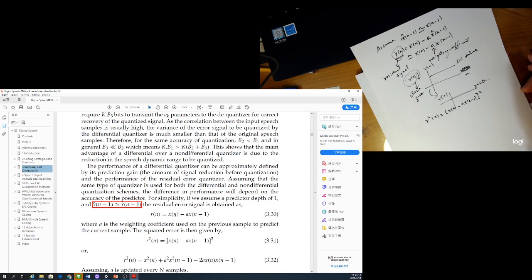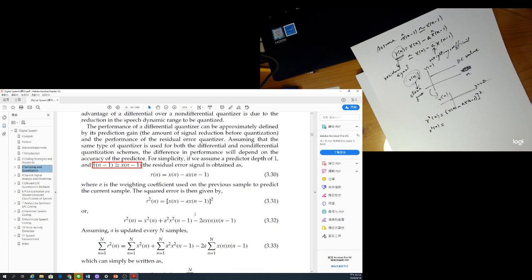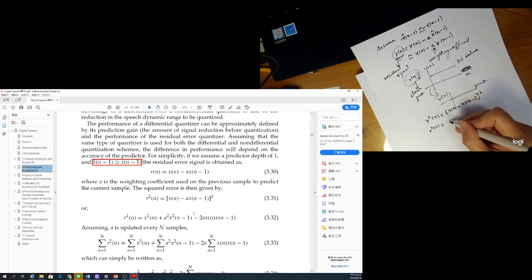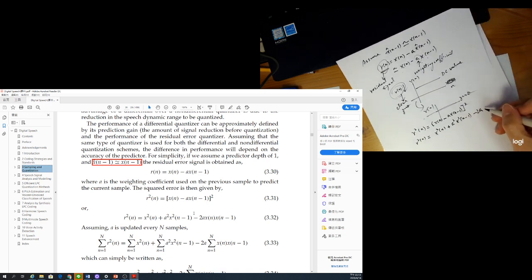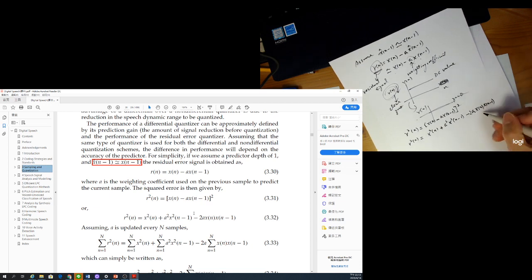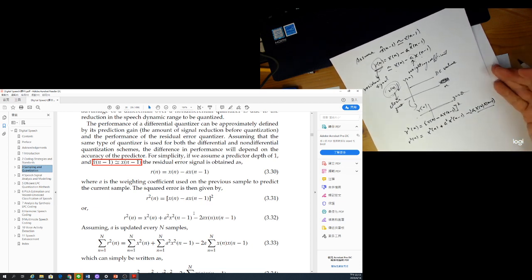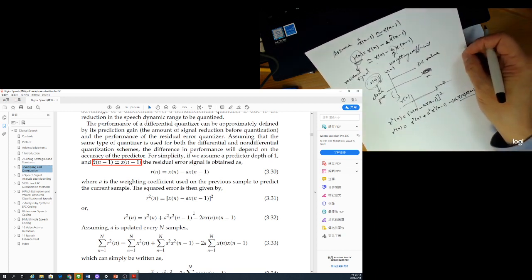If we expand R square n, you can see S square n plus a square S square n minus 1 minus 2a S of n S of n minus 1. This last term is like the neighbor signal correlation.